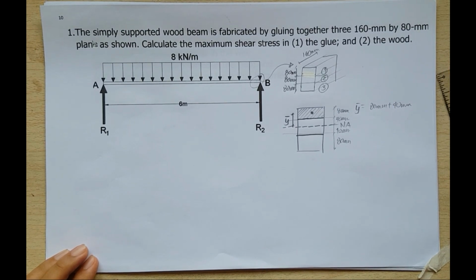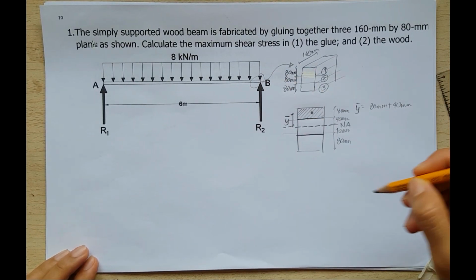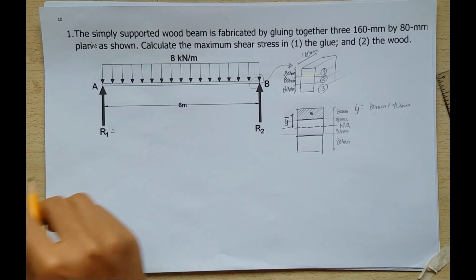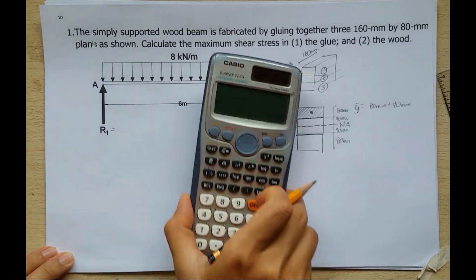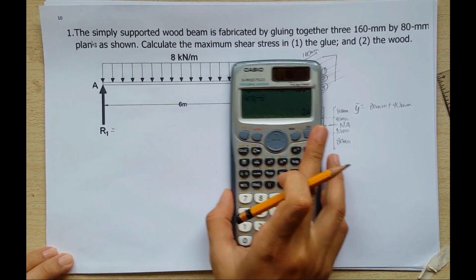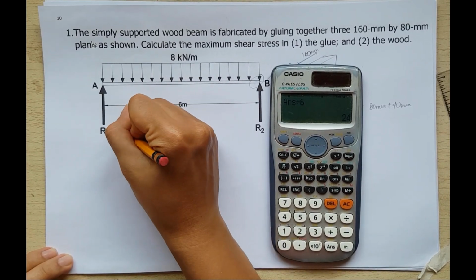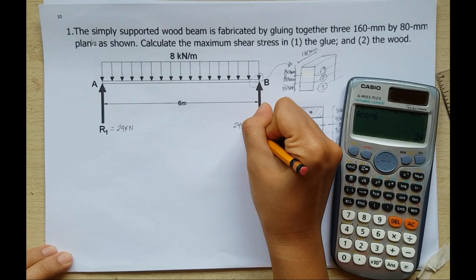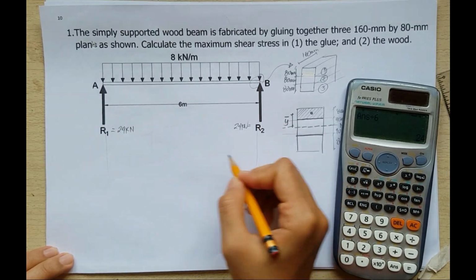For our maximum shear, if we draw the shear diagram, we have the reaction R1 equal to 8 times 6 multiplied by 3 divided by 6. So we have here 24 kilonewton, and also here 24 kilonewton. The shear diagram will look like this.